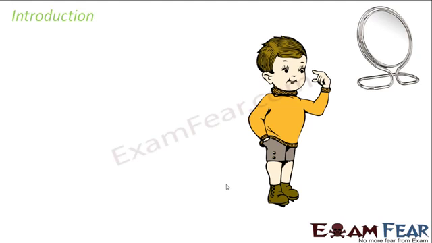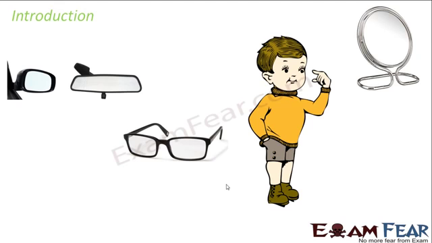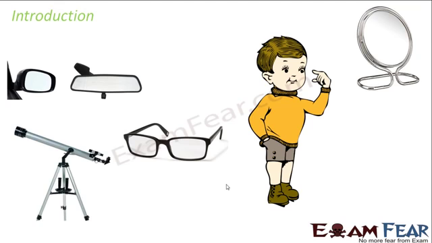For example, a mirror which we use at home daily also uses the principle of reflection of light. The spectacles which you wear, or maybe the rear view mirror in your car, on the right hand side of the driver's seat, so that you can see the traffic which is coming behind. All these are applications of reflection of light.